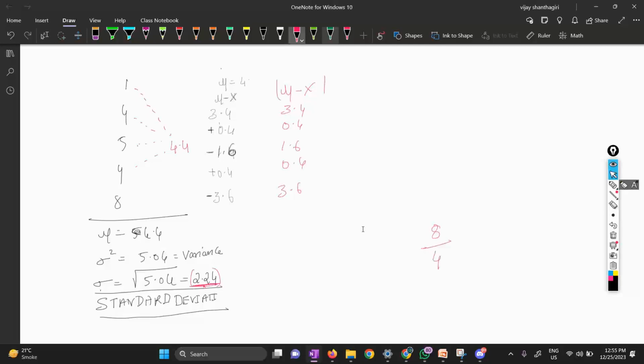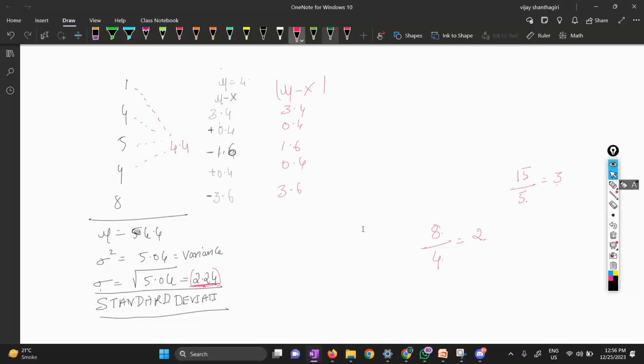You'll do 8 by 4. 2. How many fives are there in 15? 15 by 5. 3. There are 3 fives in 15. There are 2 fours in 8. I am asking how many standard deviations are there in the distance between 1 and 4.4.